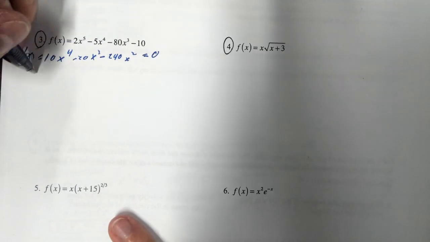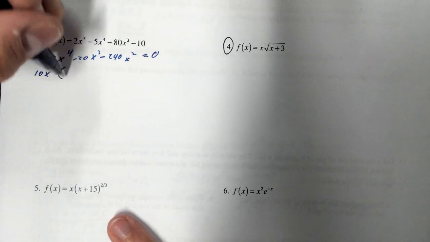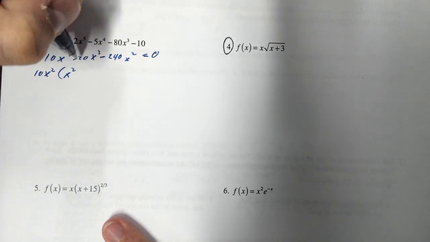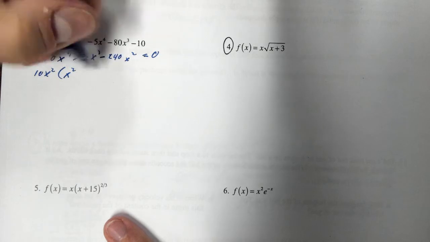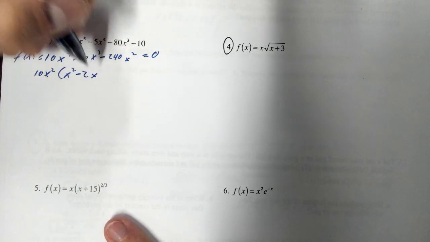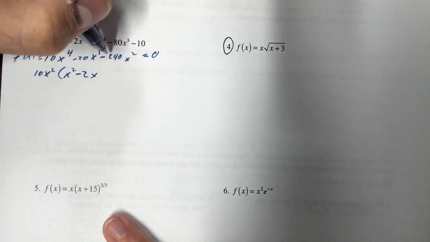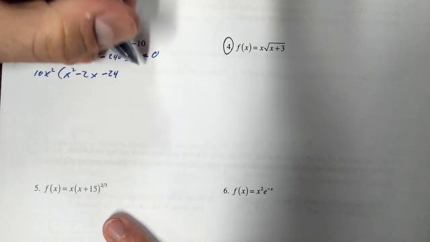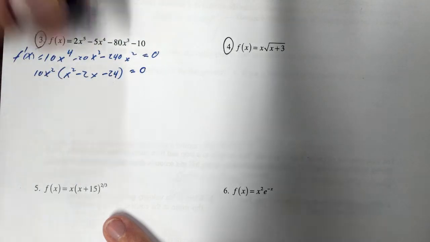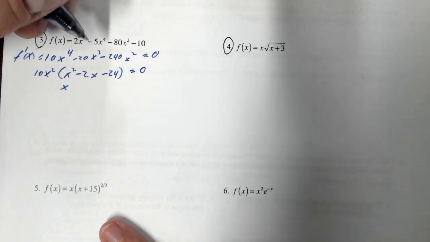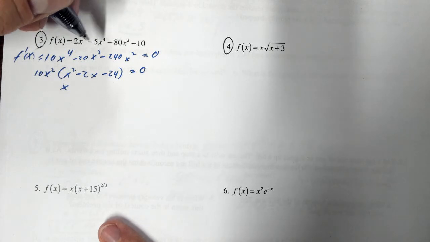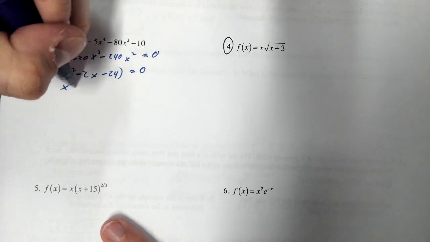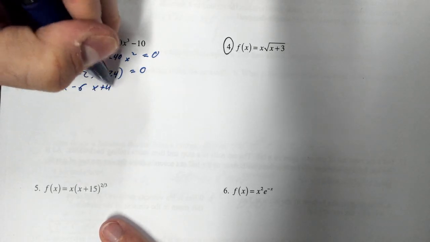Okay, I'm going to pull 10x squared out of everything. I'm just left with x squared, then a minus 2x, minus 24. Then that factors as x minus 6 times x plus 4.